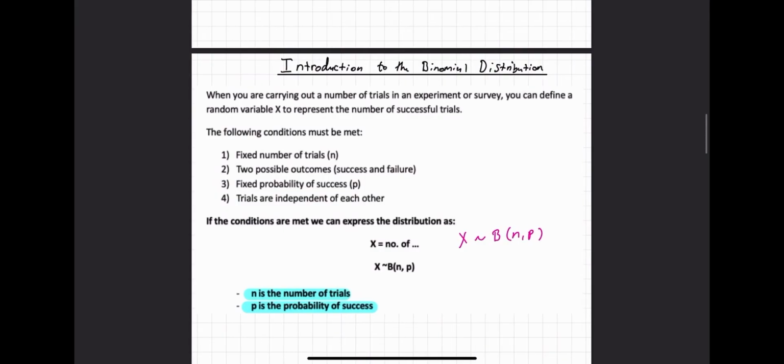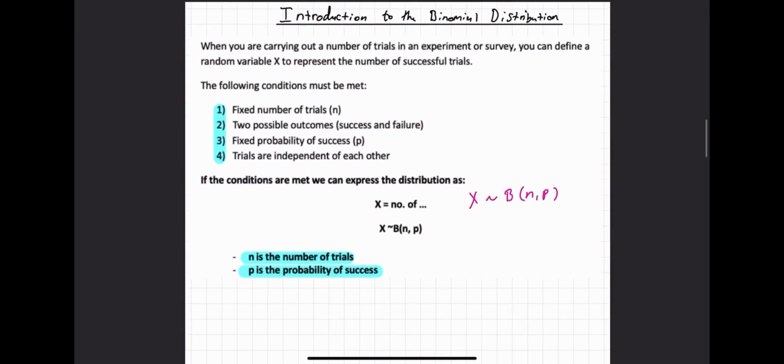These four conditions have to be memorized. You need to know them off by heart.